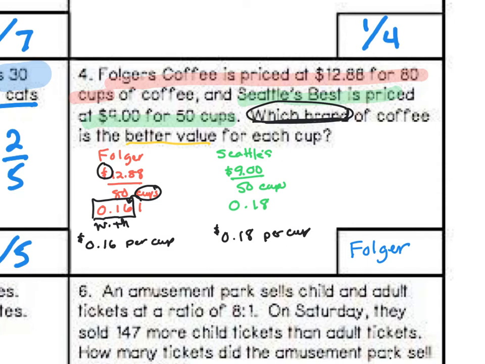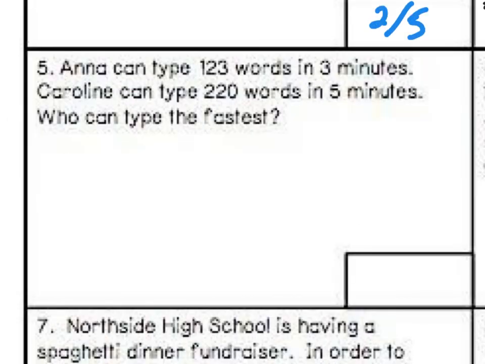So this time I'd like you to go ahead and try problem number 5 on your own. It's similar to the problem we just did. Let's look at it, let's read through it, and then you try it on your own. All right, this says Anna can type 123 words in 3 minutes. Caroline can type 220 words in 5 minutes.